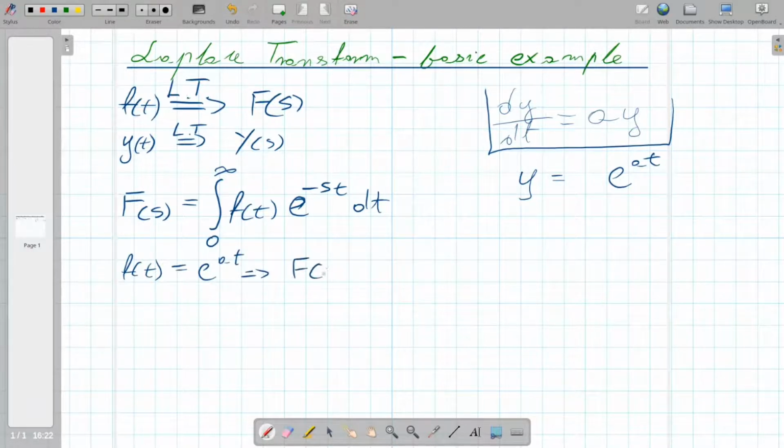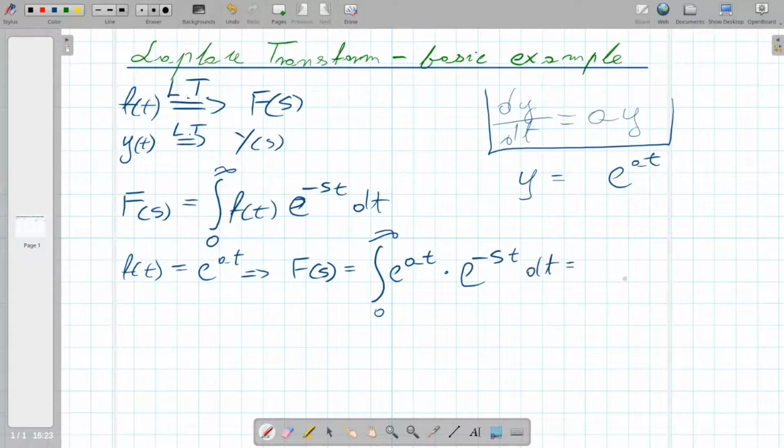So F of s is an integral from 0 to infinity of my function, which is e to the a times t, times e to the minus s times t, dt, of course.